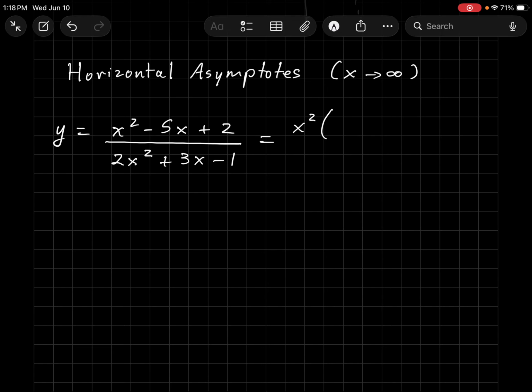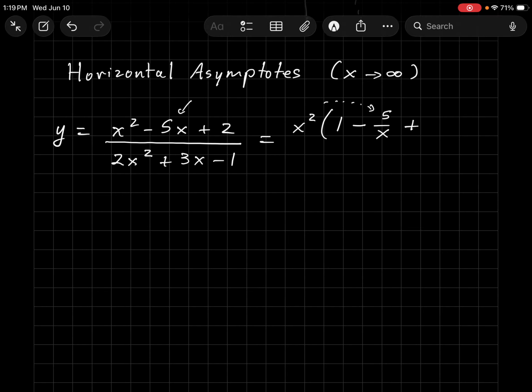So if I pull that out, I get 1 minus, and if I factor the x squared out of the 5x, I get 5 over x. Convince yourself you get this. If I were to distribute this back out, x squared times negative 5 over x, I would indeed get negative 5x.